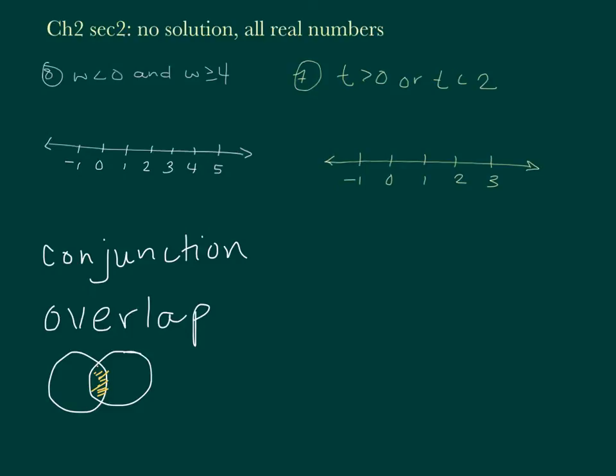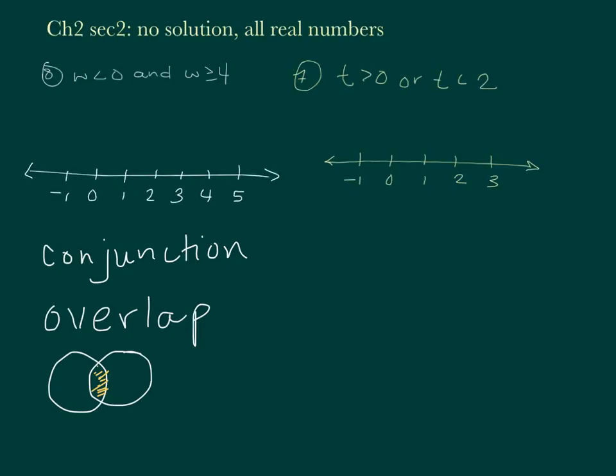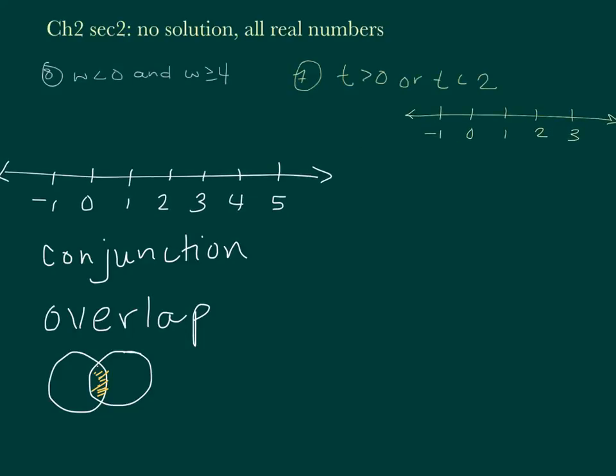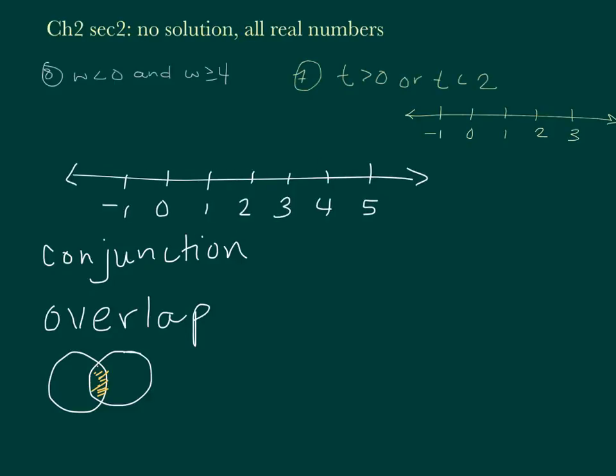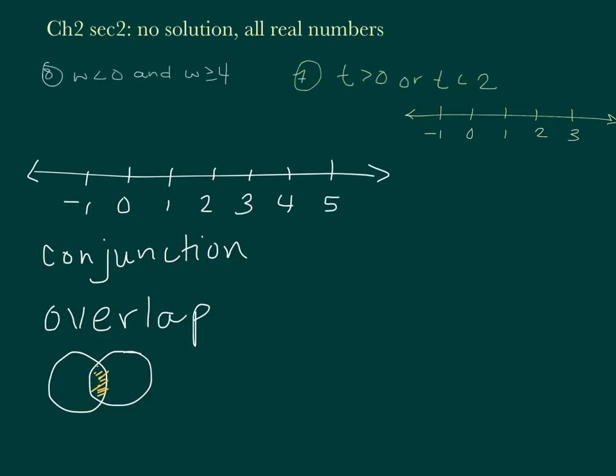In order to do that, I'm going to graph each of these individually and then put the combination that's appropriate on the number line. So let me just make this number line a little bit bigger as we're using it here. I'll move this one out of the way. Okay, so I'm looking first at this w is less than 0.